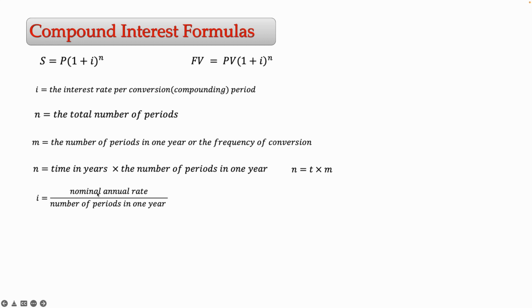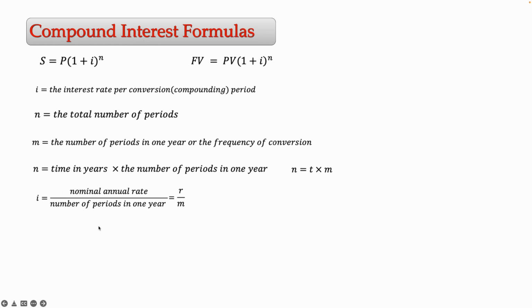So this nominal annual rate of interest, you need to divide by the number of periods in a year. In this way, you get the interest for just 1 period. So i will be equal to R divided by M. We have these formulas, and with them, we can solve problems related to compound interest.